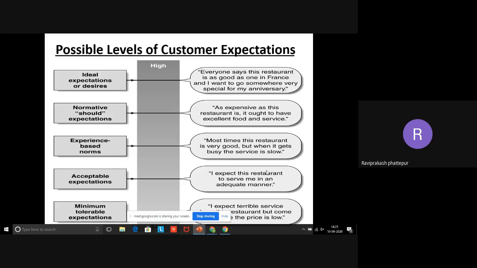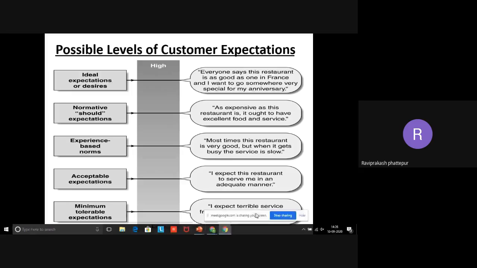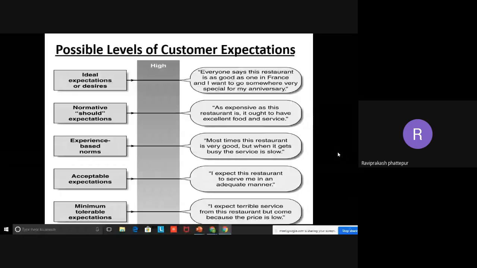Next, coming to possible levels of customer expectations. Here on your left, there are different kinds of expectations given, and on your right, they have given examples with respect to a restaurant. From top to bottom it is high to low. If you see, we'll start from low.